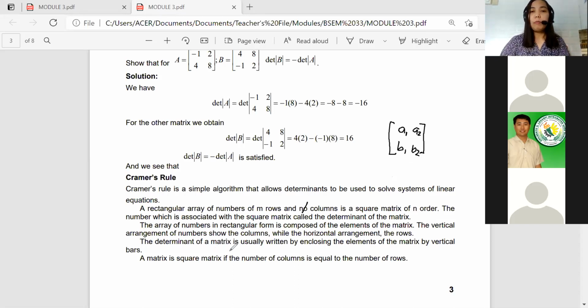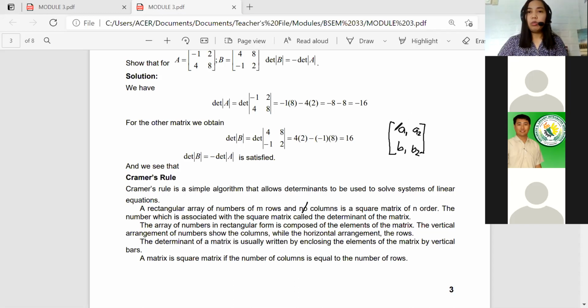And then the determinant of a matrix is usually written by enclosing the elements of the matrix by vertical bars. Mostly we use brackets, but class, parentheses are also possible, or sometimes the one like the absolute value sign.